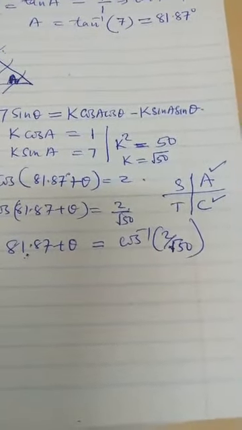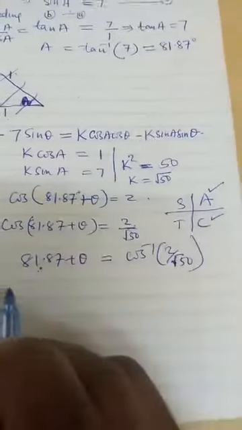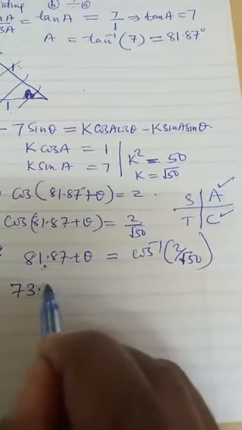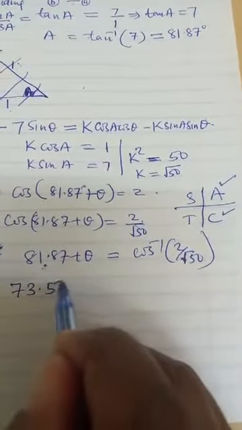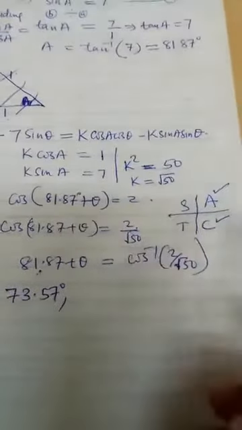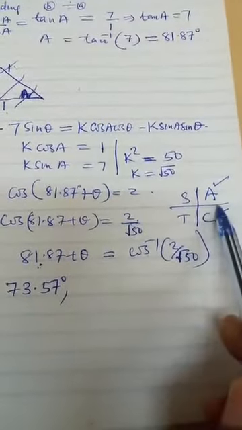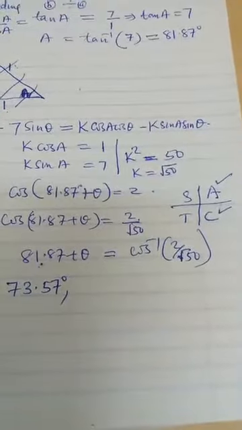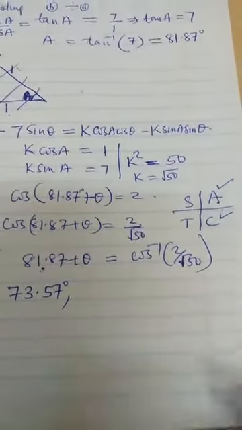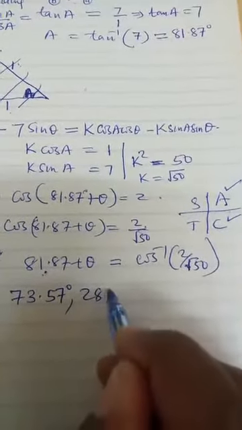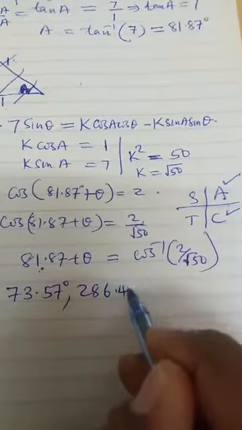And our first angle will be 73.57 degrees. Now the next angle will be 360 less that angle, and that will be 286.43 degrees.